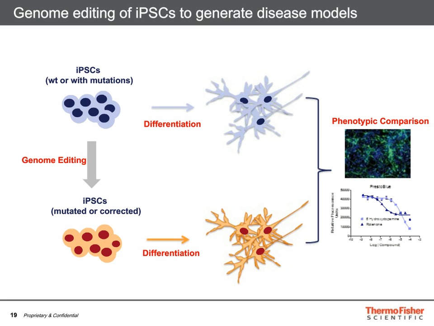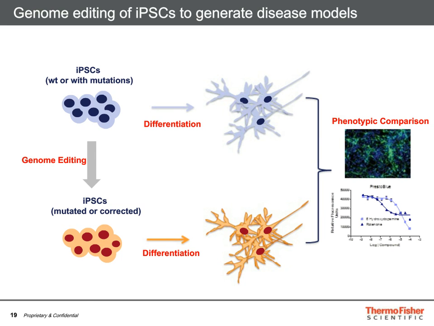And so now we can have a good comparison between these two cell types, and we're more confident that any differences we see are only due to that particular mutation and not differences in patient or cellular background. Now, as we get good at differentiating these cells, we can take these down into a particular lineage and then be able to do screening or pharmacology or other types of phenotypic or biological study on these cells.